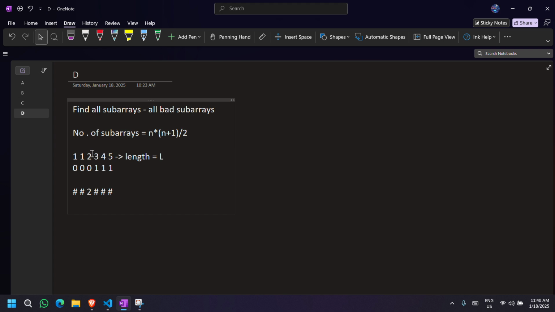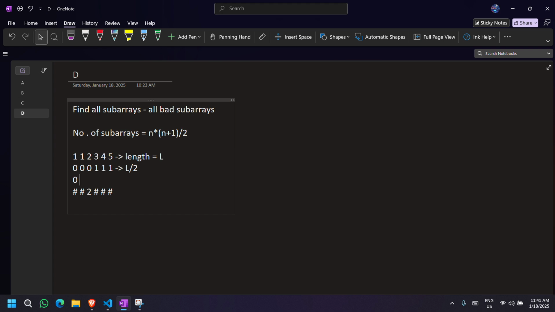Now you can see that the bad subarray has a very unique property: the sum of this array should be equal to L by 2. If the array is good, then the sum should not be equal to L by 2.